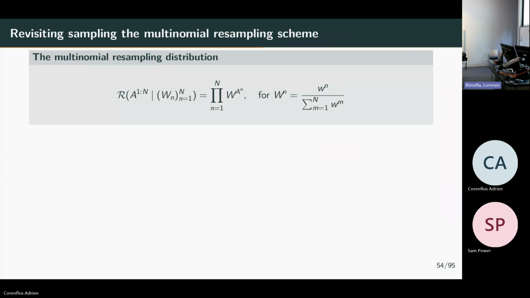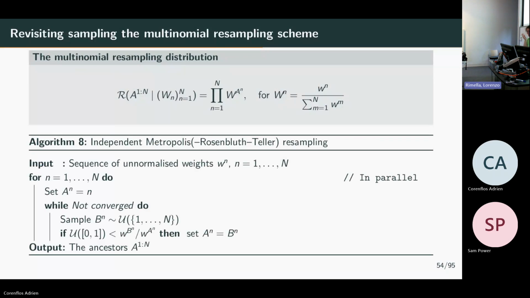Okay, so if we revisit the multinomial resampling distribution, we see that it's just a target distribution over some ancestors, right? So you have some ancestors, and this is the distribution. Can we sample from it in a way that does not require using the importance weights? The answer is yes. You can do it via Metropolis.